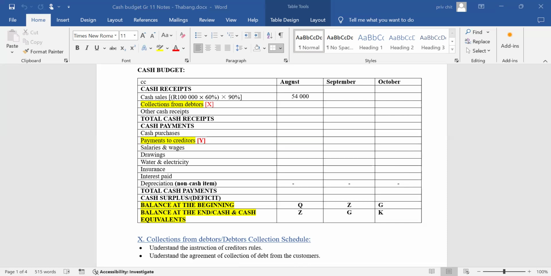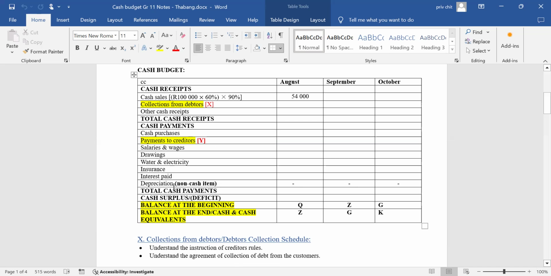All right, it's fine. And if the business has incurred anything else as a business expense on cash, for instance salaries and wages, drawings, water and electricity, insurance, and perhaps interest paid, it will all be allocated as cash payments.